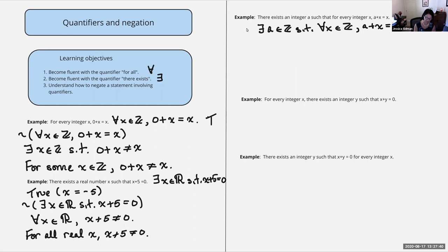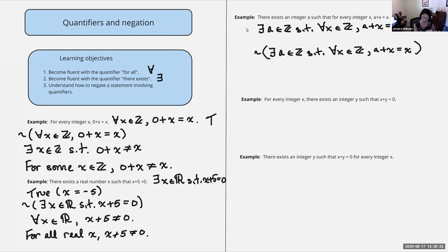We could also look at the negation of this statement. So I take this and duplicate it. Now I'm negating it. What does it look like when I negate it? This statement says there exists an a such that for all x, a plus x equals x.